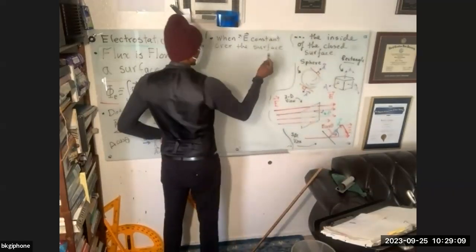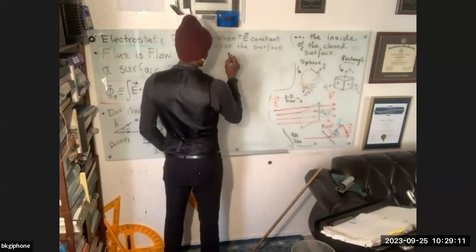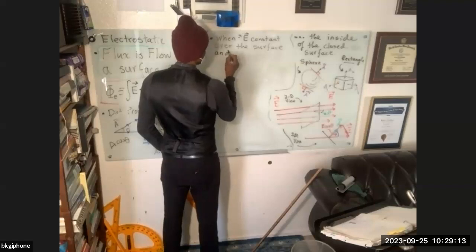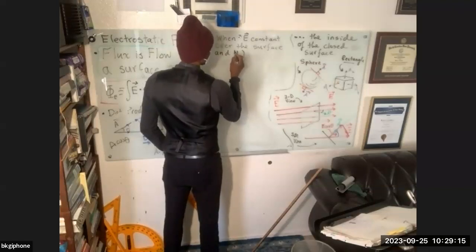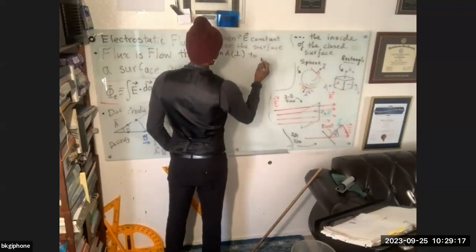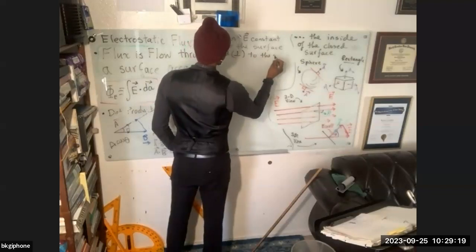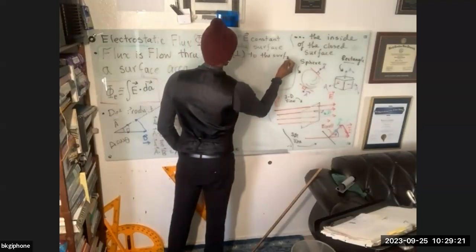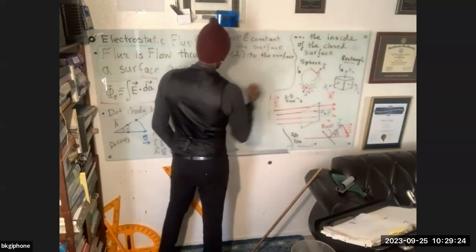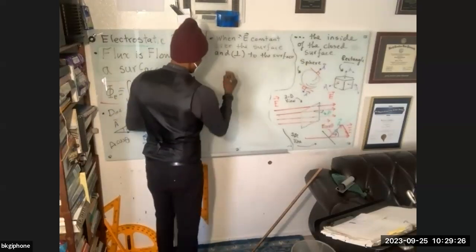When E is constant over the surface and perpendicular to the surface, then you essentially would have a situation that looks like this.